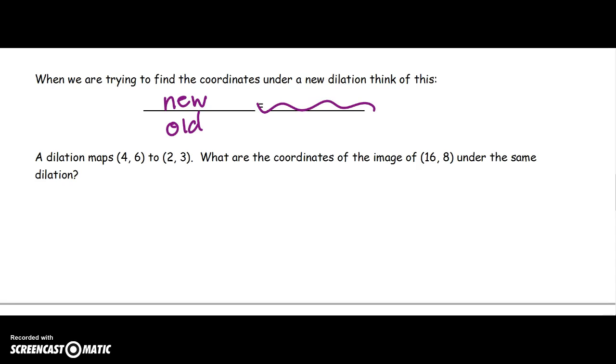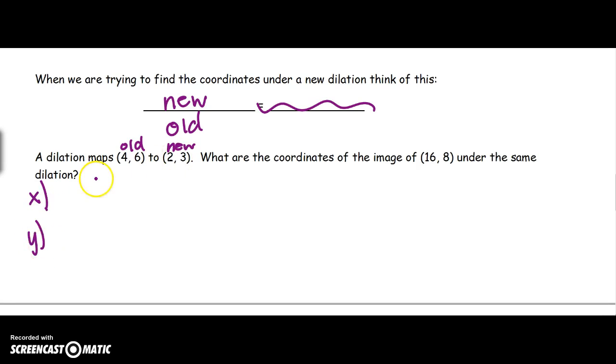How we do this is we figure out which one is the new and which one is the old. Your new is what came out after the dilation. Your old is what you had before when you started. You have to do this for x, and you have to do this for y.